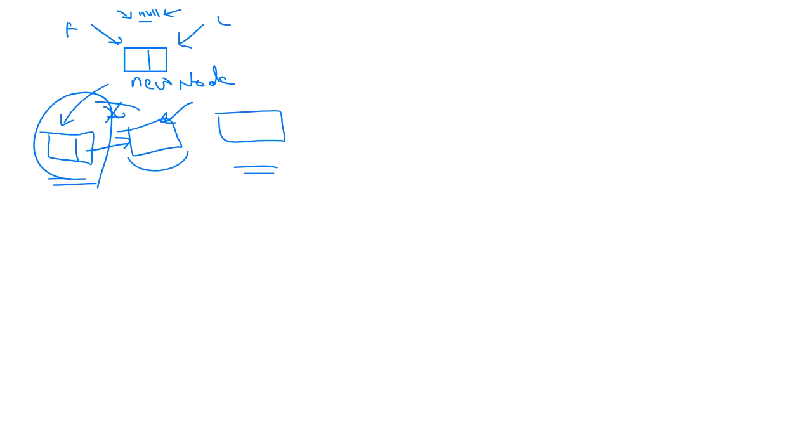Last was pointing to this one. So let me draw again. In this scenario, this is my original first node, and that was the only element in the list, the first and only element. So first and last are both pointing to this one.